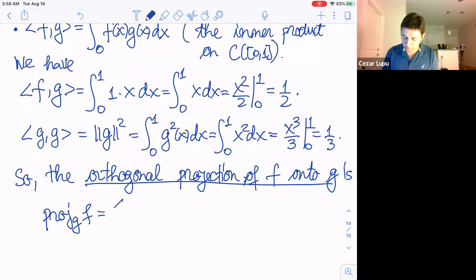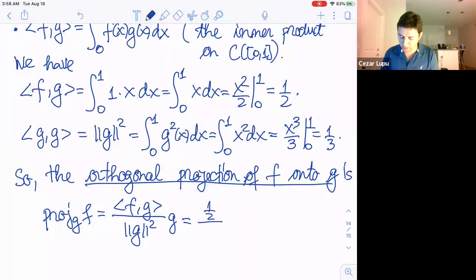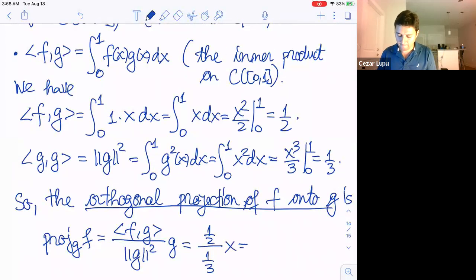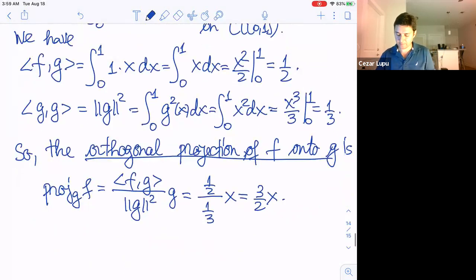It will be the inner product between f and g over the length of g squared times g, which is, again, a function. So the inner product here will be 1/2, as we have seen, over 1/3, and g of x is, as we know, x. So this will be 3 over 2 times x. That's the function. And that's it. Okay, guys, I think I'm going to stop here. Thank you very much.